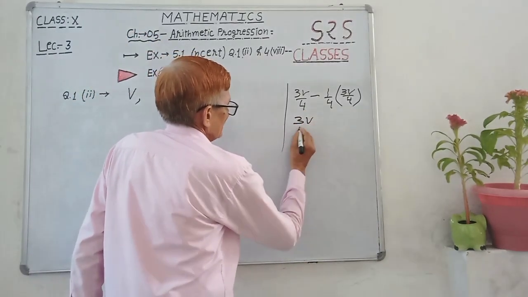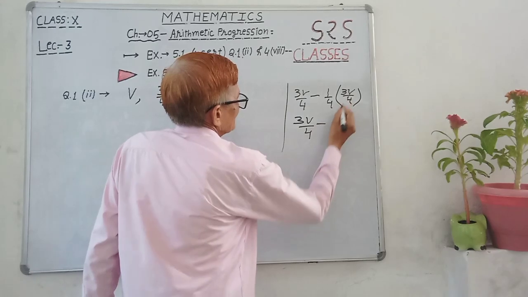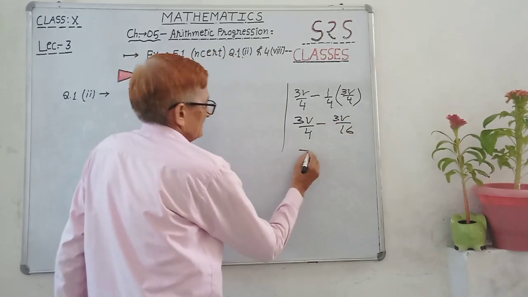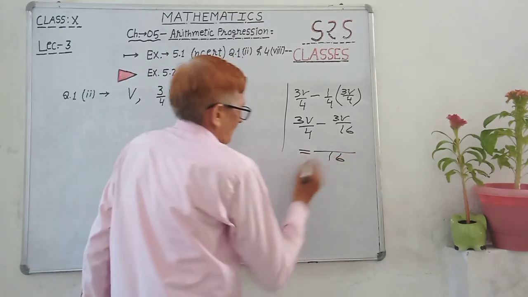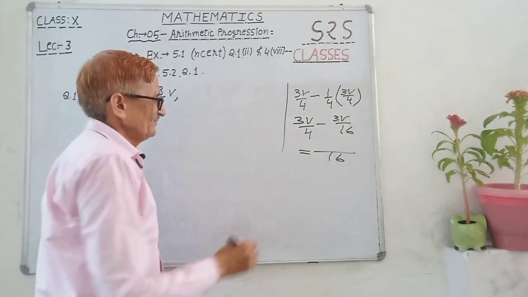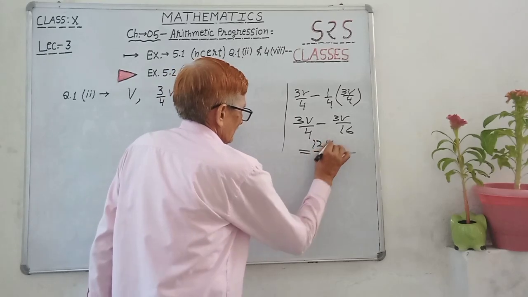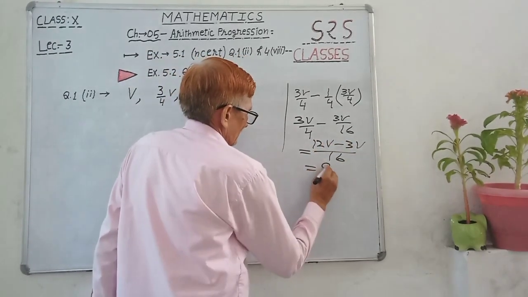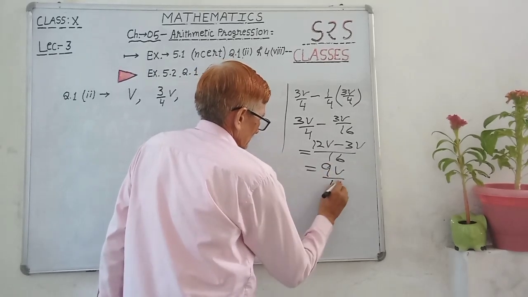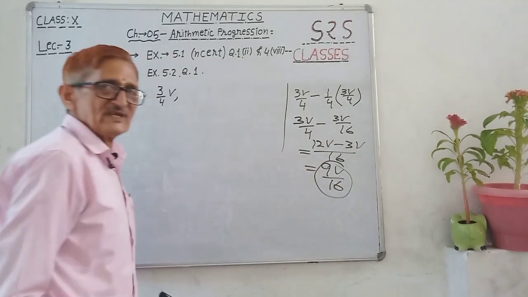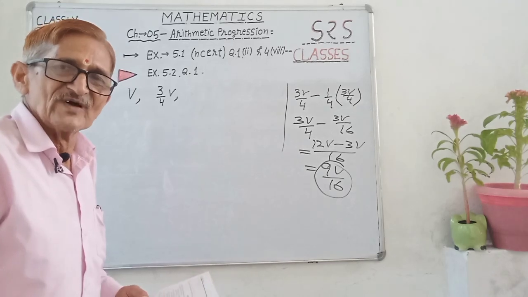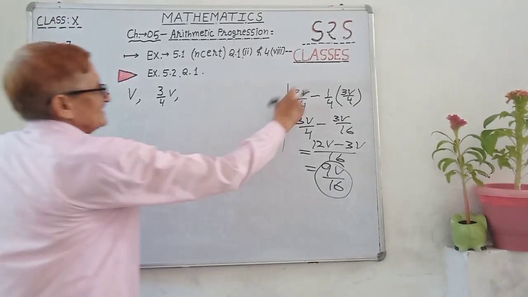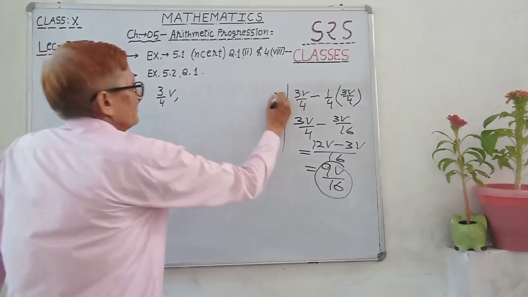That's why 3V/4 minus 3V/16 ये रिमूव होगा। Then 16 LCM, then 4 3 जा 12, 12V minus 3V, then 9V/16. This will be remaining after removing the 1/4 of the present. तो present minus 1/4 of the present.